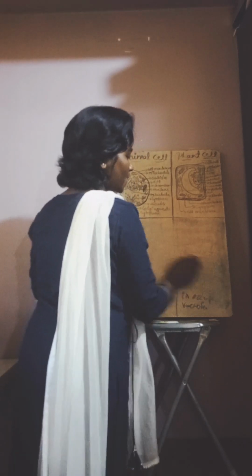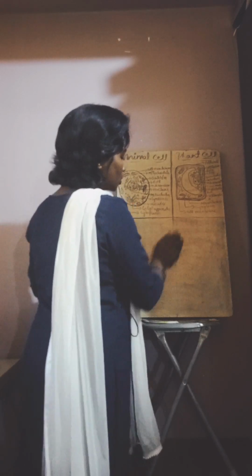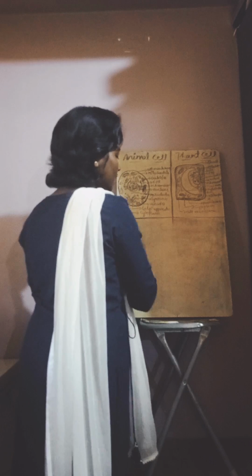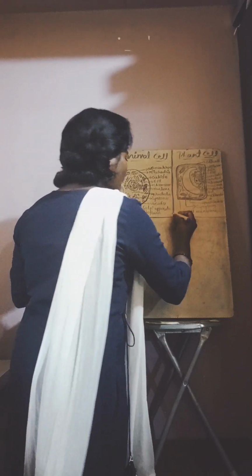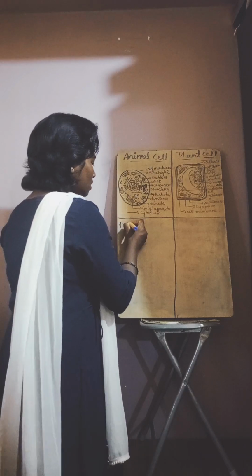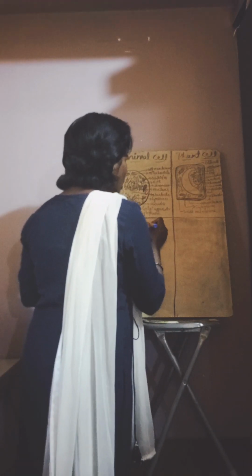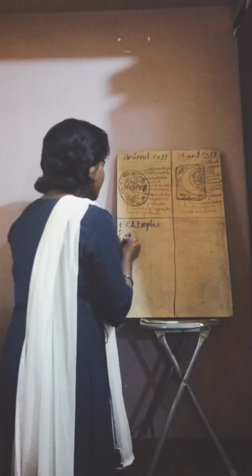In plant cells, we can mainly observe the autotrophic cell organelle, that is called chloroplast. But in animal cells, we can't observe the chloroplast, right? So here, chloroplast is absent.